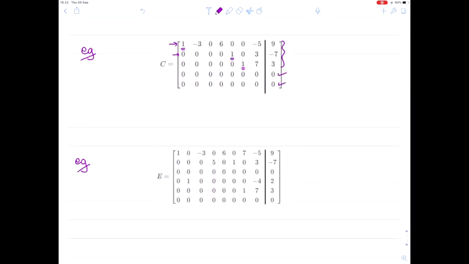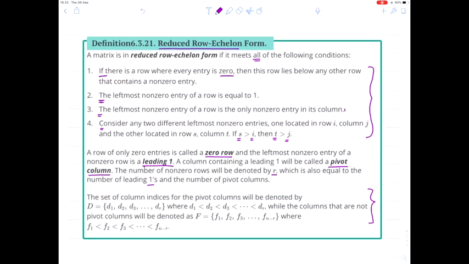Yep, that works for this one. This one, yes, there are zeros everywhere else. And for these columns, we don't really care what's going on with them because they're not the leftmost entry. Okay, so we've got that sorted.